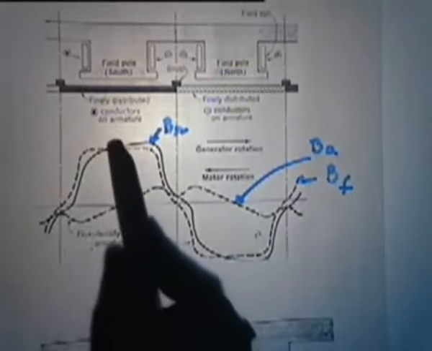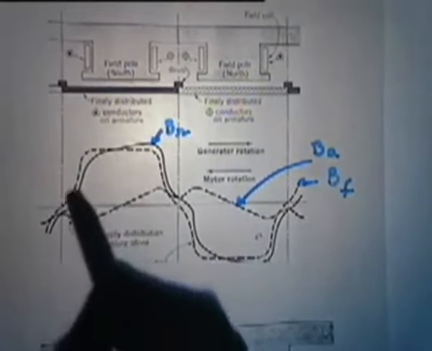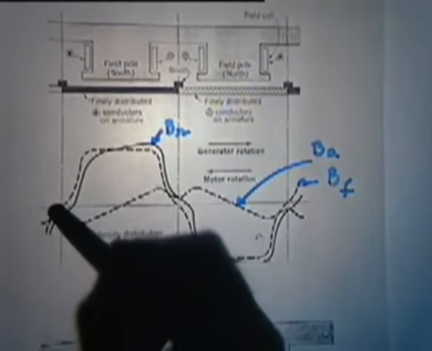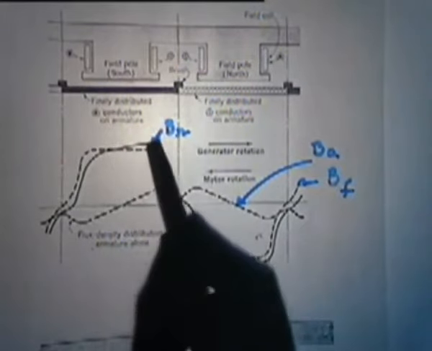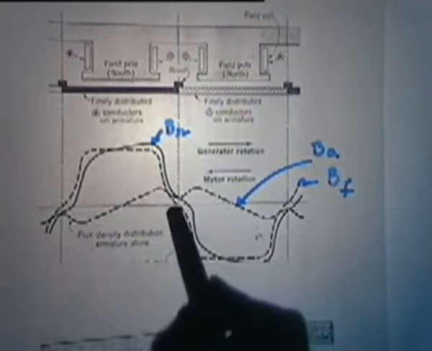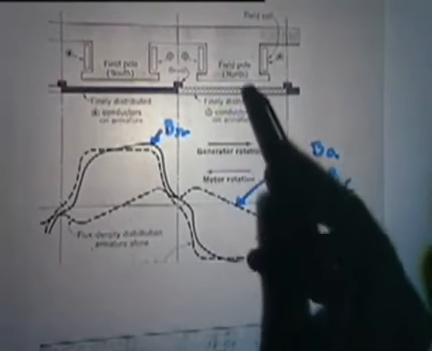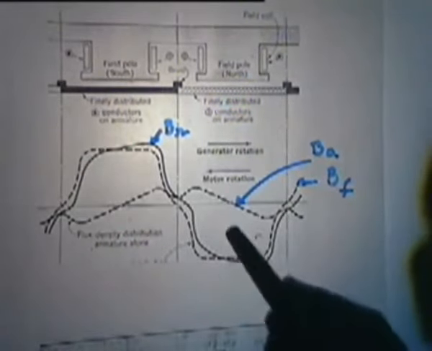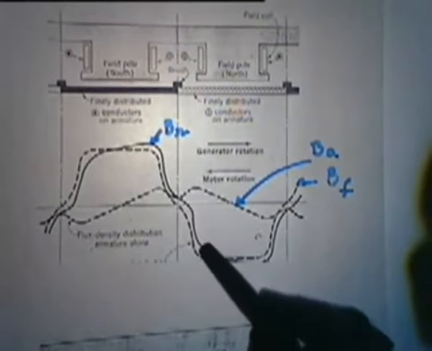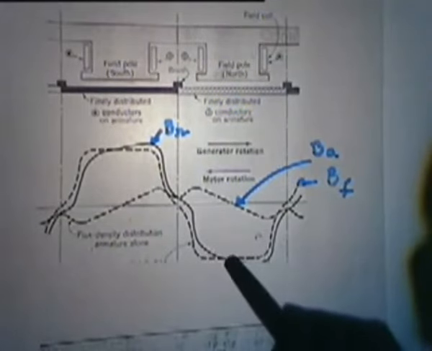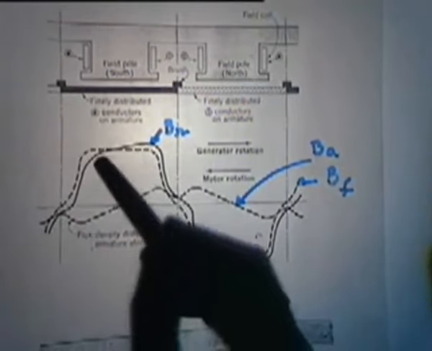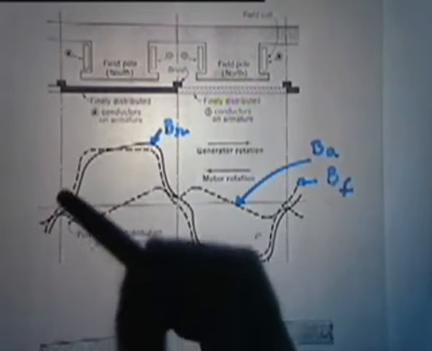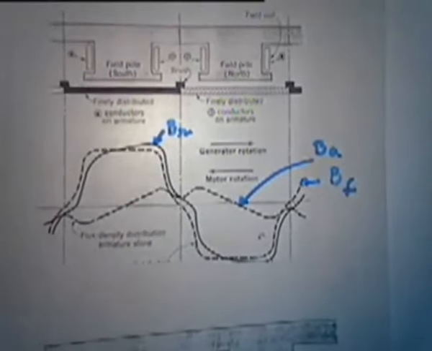What you notice here is that at half of the pole the net flux density is decreasing, and in the other half of the pole the net flux density is increasing. Similarly, under the other pole from here to here, the flux density pattern will get a positive bias, and from half pole to here the flux density will become more negative. So the resultant is the solid line, whereas the individual ones are shown as dotted lines.